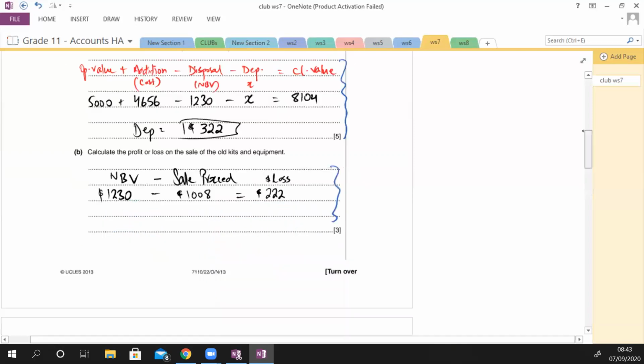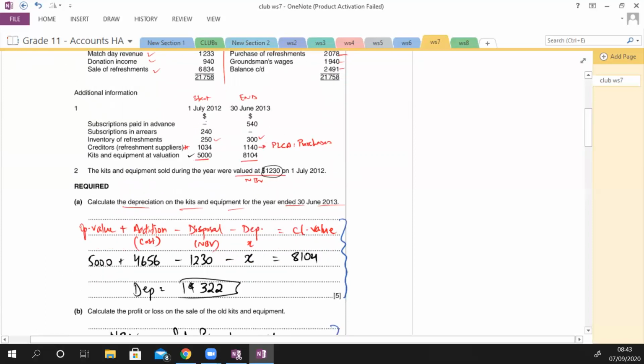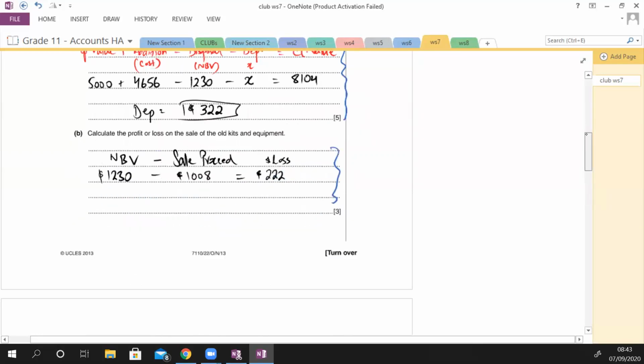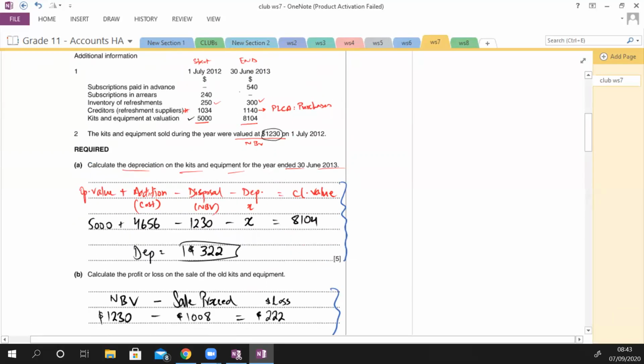Okay. We refer to subscription. There was no opening advance, opening arrears were 240. In the closing, you had advance but no arrears.